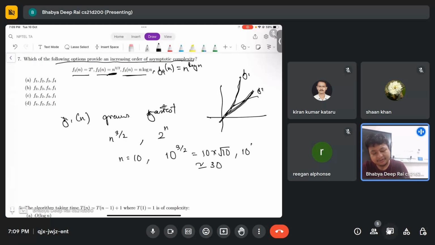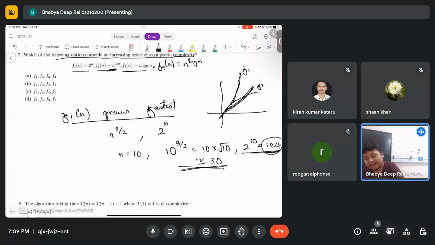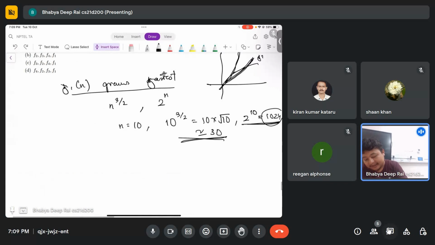Whereas 2 to the 10 is massive, it's 1024. So at this point itself it's winning. So we already have that f1 grows fastest, so f1 should definitely be at the right. Let's try the others. Your answer should be something, something, then f1.